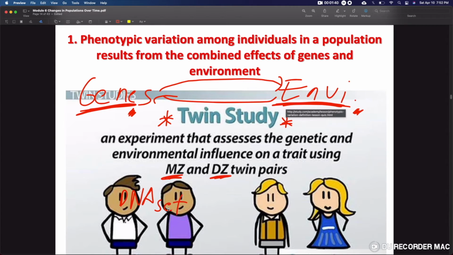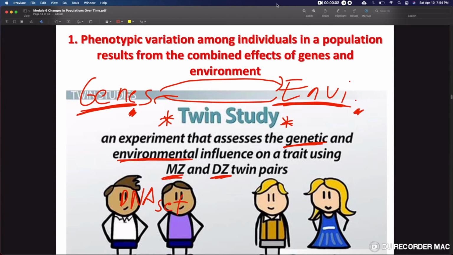You can play with them and assess the influence of your genes and your environment on them. And of course, dizygotic twins, your fraternal twins, share some genes, but they are not completely identical with one another.